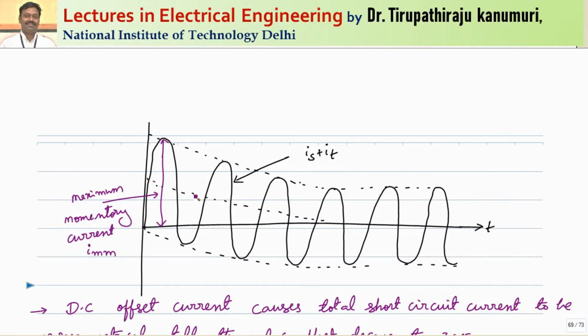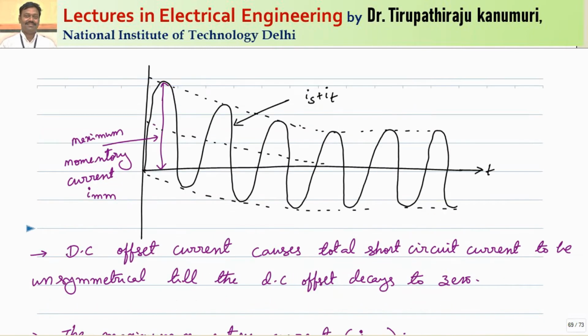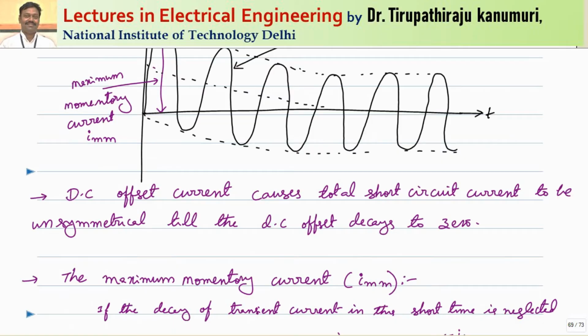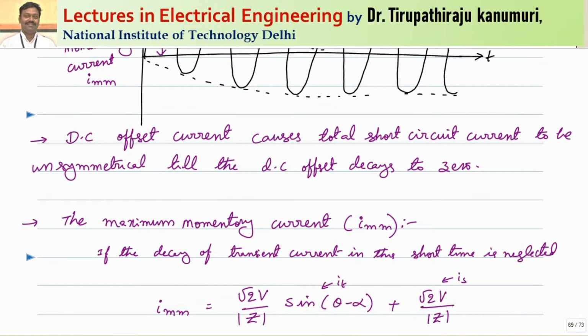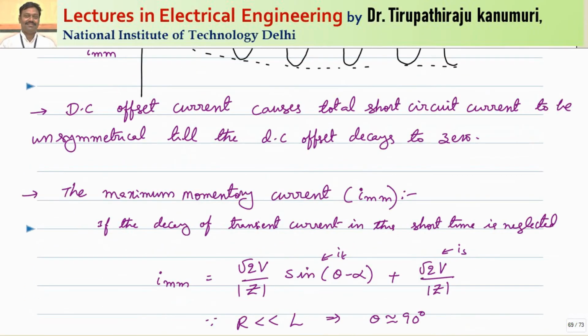The sum of this DC component plus the steady state AC component, the waveform will shift like this. It becomes unsymmetrical, gradually it will decay, and when this DC component completely decays to 0, it comes to the symmetrical wave. That means initially it is an unsymmetrical wave because of the DC offset current, and when the DC component decays to 0, it becomes a symmetrical wave.